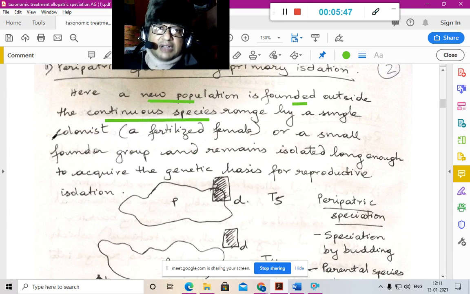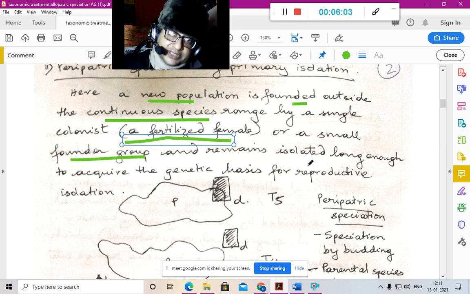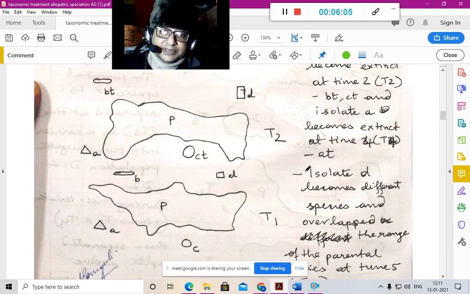A population is founded outside the continuous range by a single colonist. It can be a fertilized female or a small founder group, and it remains isolated long enough to acquire the genetic basis for reproductive isolation. Now let us see how this happens.